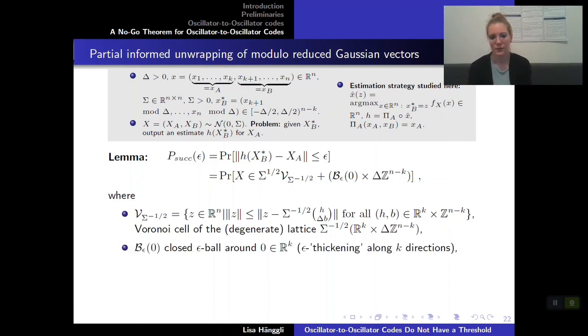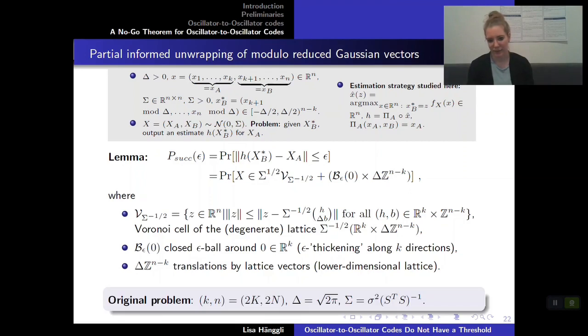B epsilon of 0 is the closed epsilon ball around 0 in R^k, and can be seen as an epsilon thickening of the first k directions. And delta Z^(n-k) corresponds to translations by lattice vectors of an n minus k dimensional lattice of spacing delta.